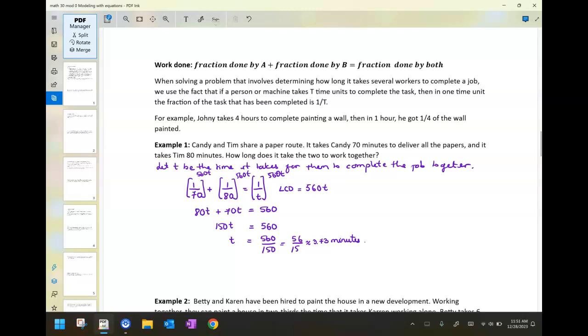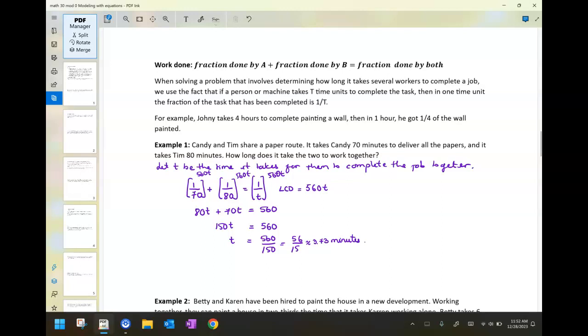Well, in 1 minute, Candy finished 1/70 of the job. Tim finished 1/80 of the job. Together, they finished 1/T of the job. The least common denominator for this equation is 560T.